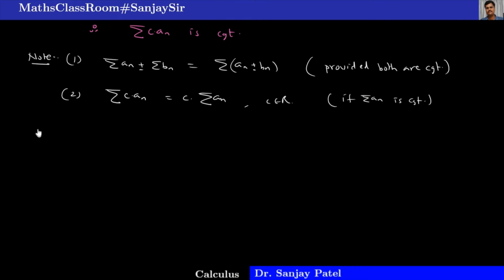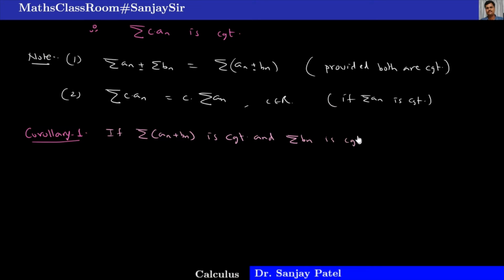Let us discuss some corollaries from theorems 1 and 2. So first corollary, it says if sigma (an plus bn) is convergent, and sigma bn is convergent.